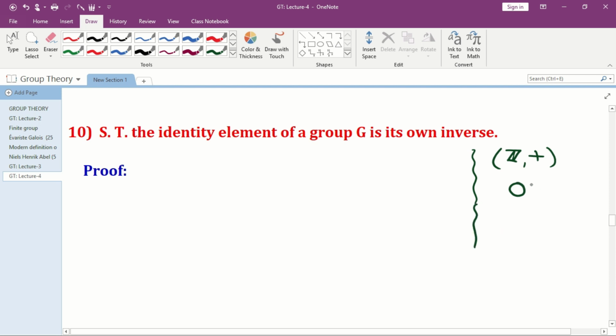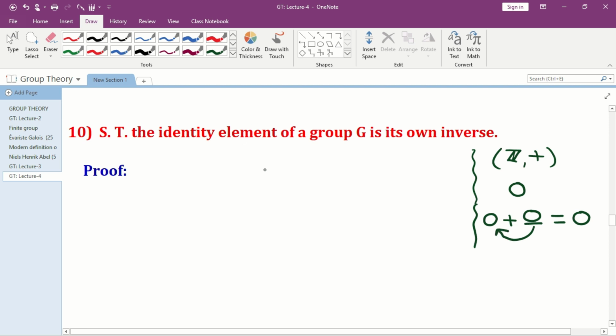What is the inverse of 0? To find the inverse, write 0 plus what is the element I should add so that on the right hand side I get identity. Identity is also 0. Therefore, one and only one element is 0. Therefore, inverse of 0 is itself.